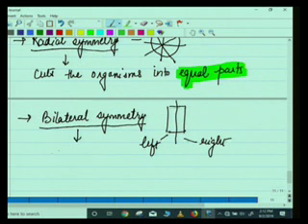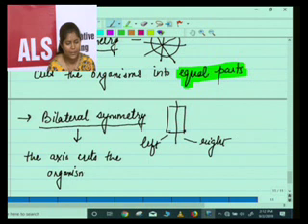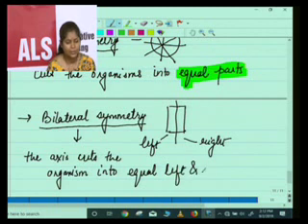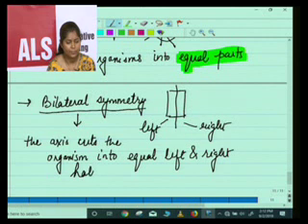So bilateral symmetry is where an axis cuts the organism into equal left and right halves, isn't it?